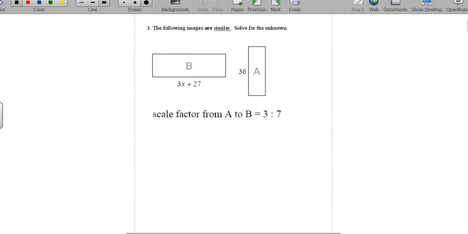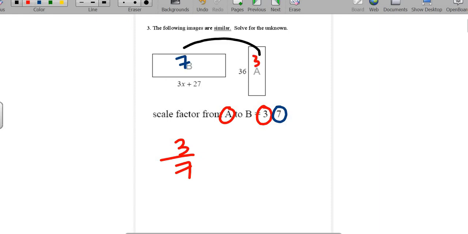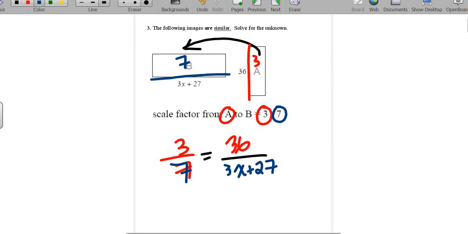Here, your ratio from A, notice the order, to B. So we're going this way, is 3 to 7. So 3 to 7 equals, keep the color straight here, 3 to 7 equals 36 over 3x plus 27.